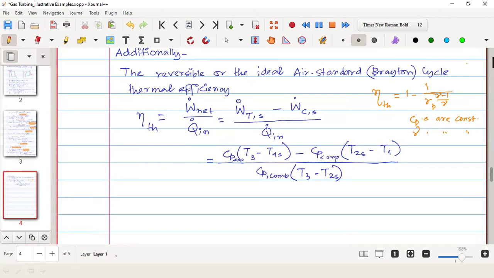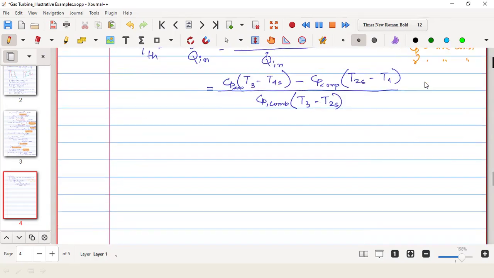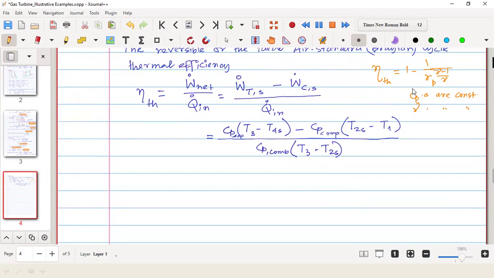Therefore, all the other quantities like Cp were cancelled, and it came in terms of Rp to the power gamma minus 1 by gamma. But here, since the Cp values are different, they will not cancel, and therefore we have to calculate separately. That is the difference that you have to keep in mind. You cannot directly calculate.